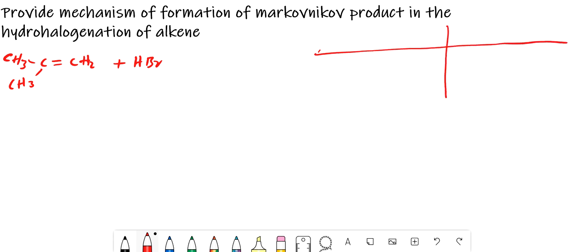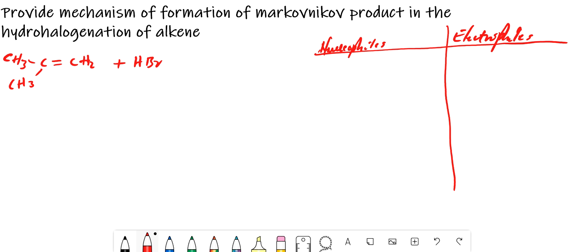I'll divide this. So let me remind you about nucleophiles and electrophiles.